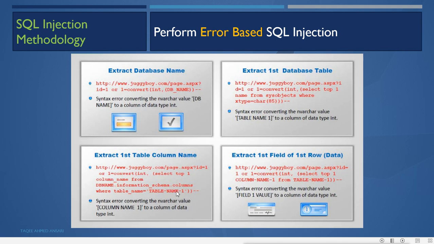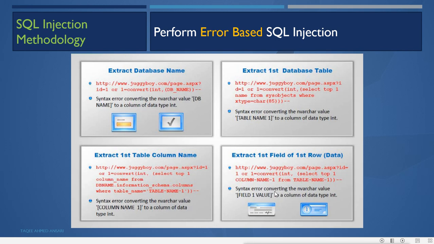In this syntax error, it will convert the nvarchar character value of column name 1 to the data type integer. This extracts the first field of the first row of data. For that it uses this query: 1 is equal to convert(int, (select top 1 column name 1 from table name 1)).